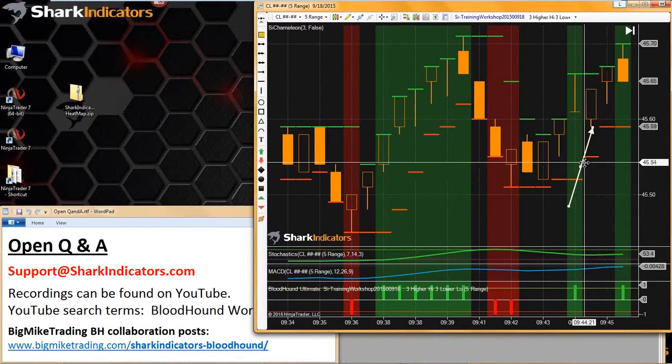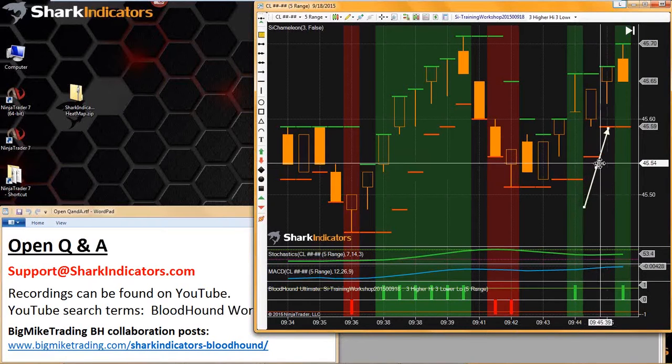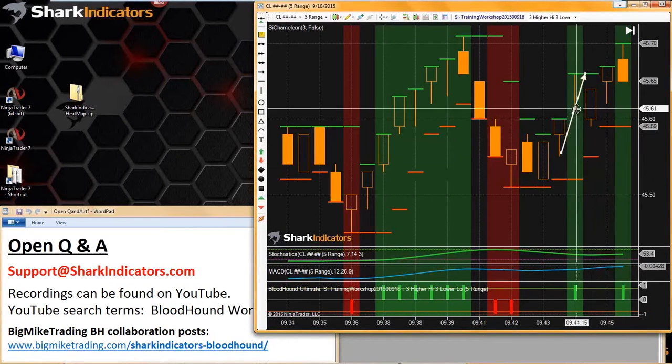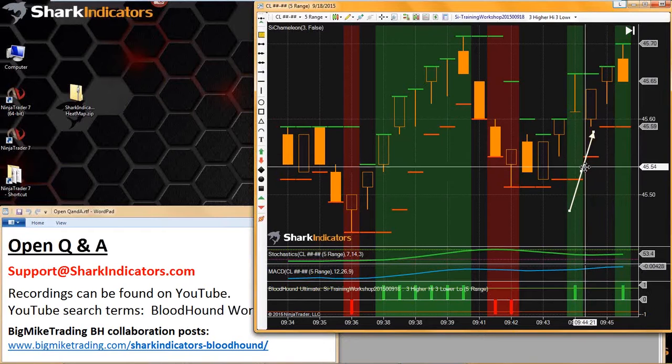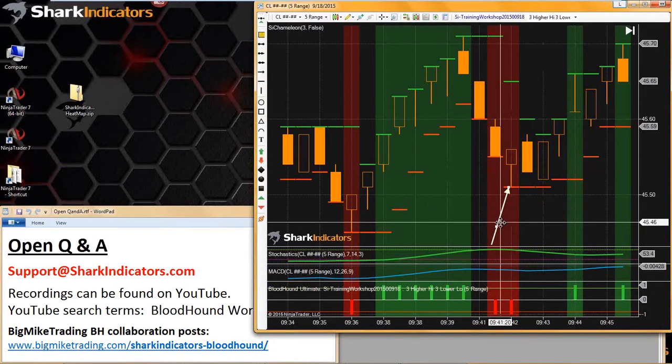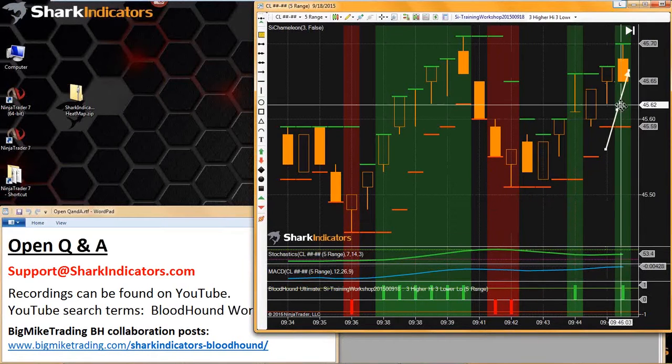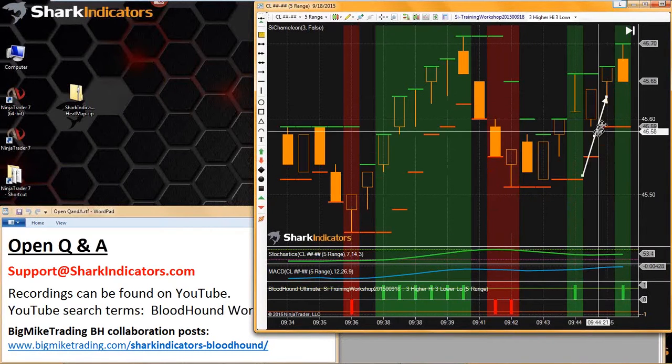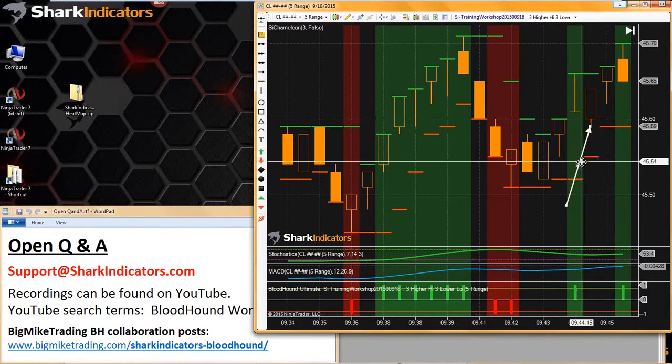All right, so looking right, the red hash and the green hash, that's Chameleon, and it's tracking the low of the last 3 bars. If we're looking at the right edge of our chart, we can see that this bar here is the lowest low, and Chameleon is tracking that.